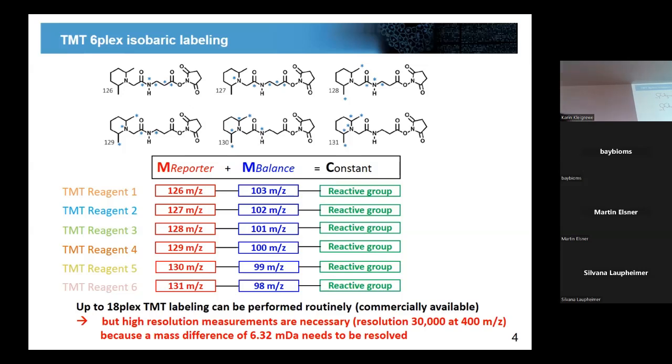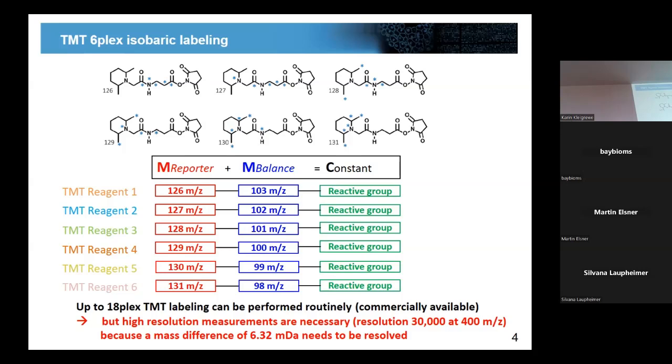Nowadays, you can commercially buy 18-plex TMT. So you can buy up to 18 different reagents. What people have started doing is they have also started to differentiate between a heavy carbon and a heavy nitrogen. So you can isotopically resolve differences in heavy carbon and heavy nitrogen.